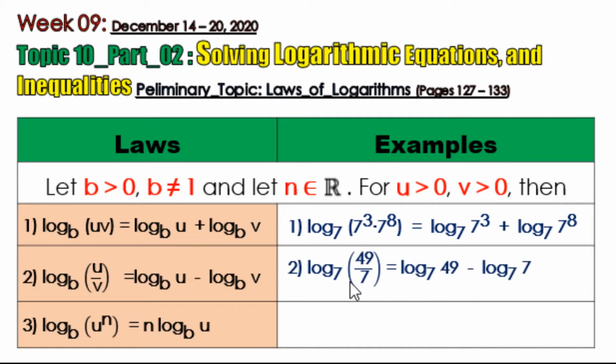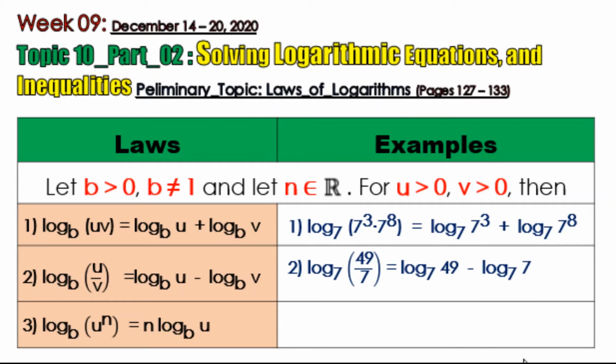Okay, for the second law, we have the logarithm of 49 over 7 to the base 7 is equal to the logarithm of 49 to the base 7 minus the logarithm of 7 to the base 7. So we have division, subtraction.